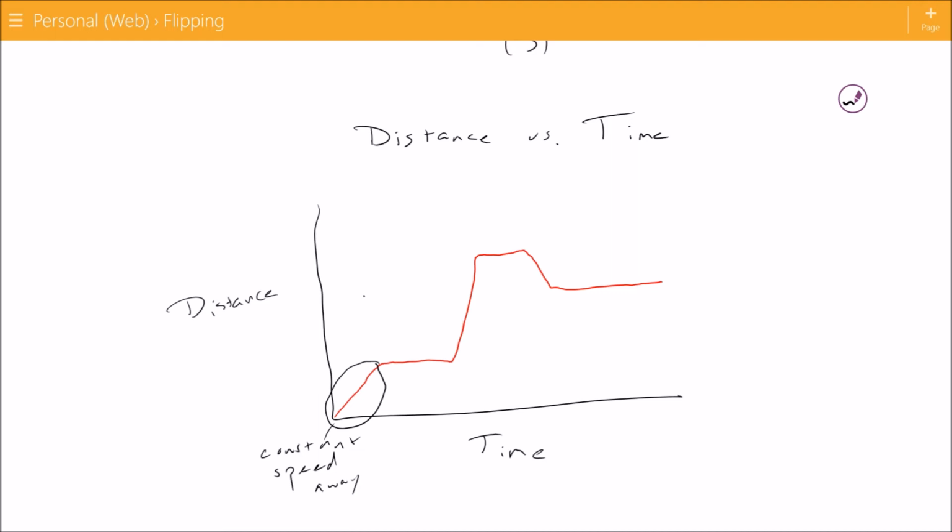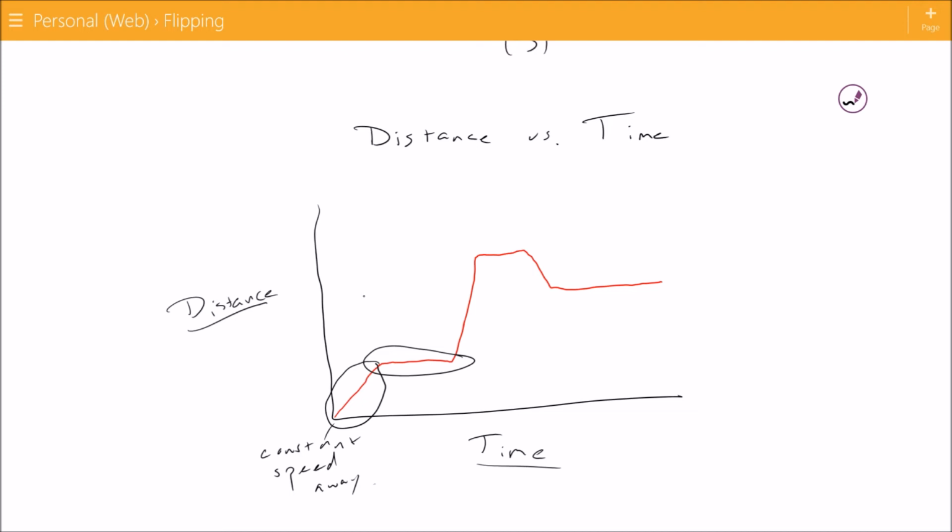Okay, now what is going on here? Keep in mind this is distance and this is time. Time continues to advance. Is the distance away from the starting point changing? The distance is not changing.